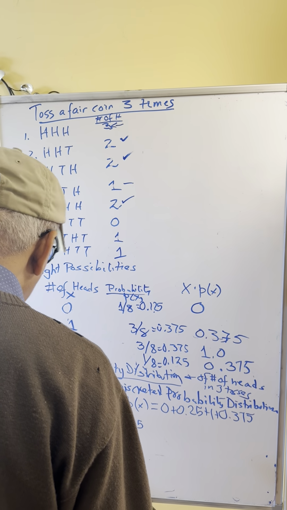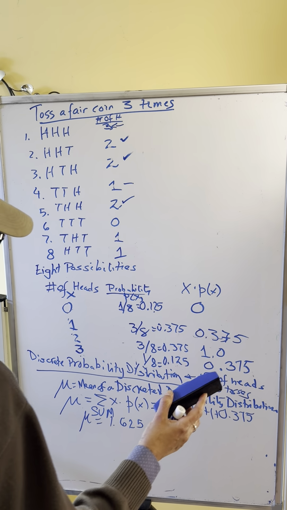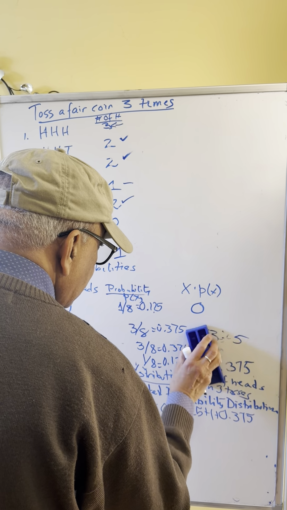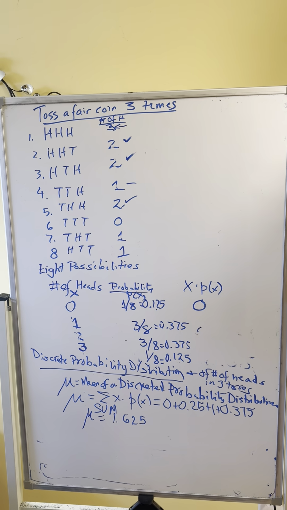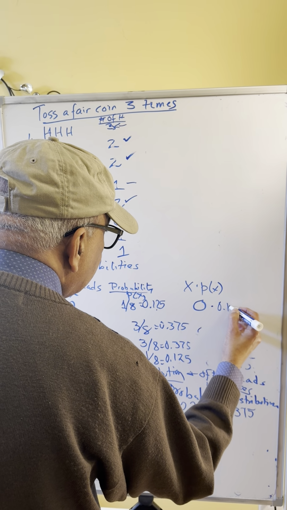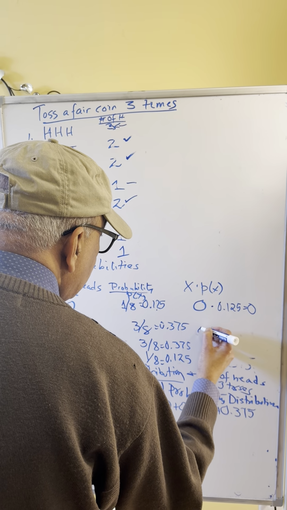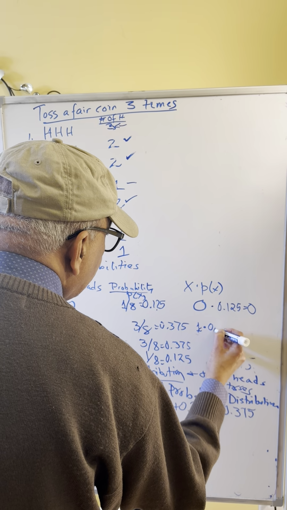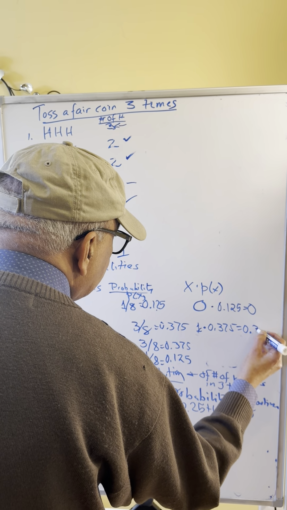Next one is x value 2 multiplied by 0.375. If you want, I can write this down a little bit. So first one is 0 multiplied by 0.125, which is equal to 0. Next one is x value 1 multiplied by 0.375, which is 0.375.